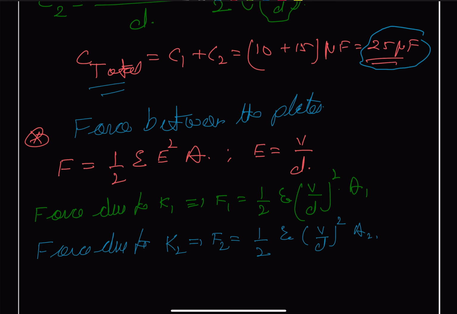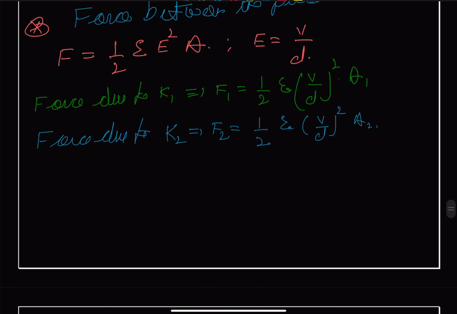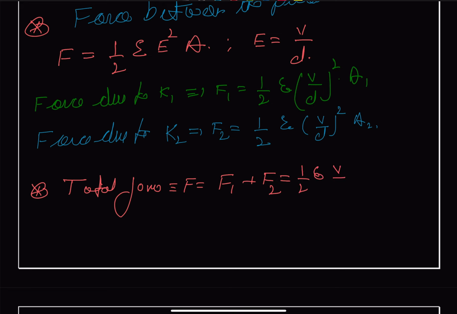So total force F will be equal to F1 plus F2. All the things will be common except the area. So we can write this as 1 half epsilon naught V upon D whole square, A1 plus A2.